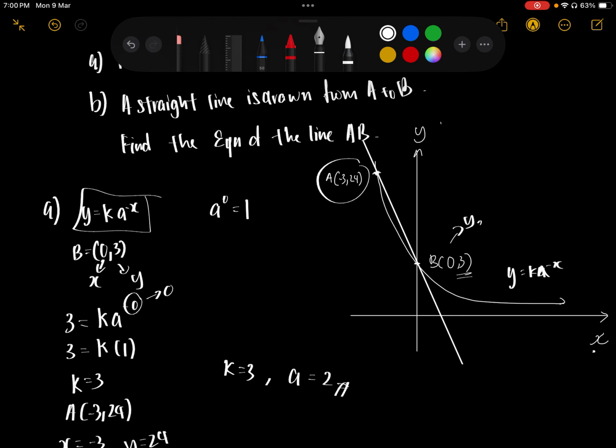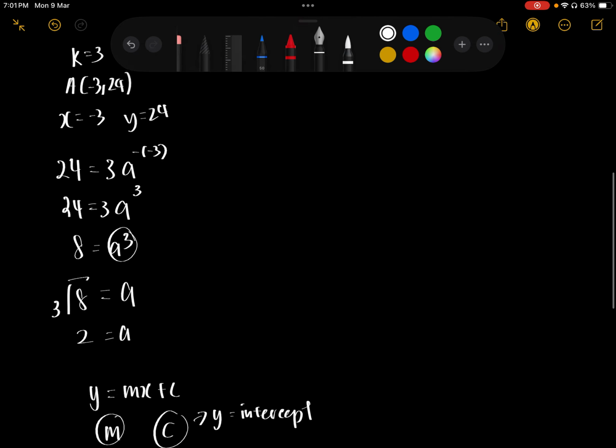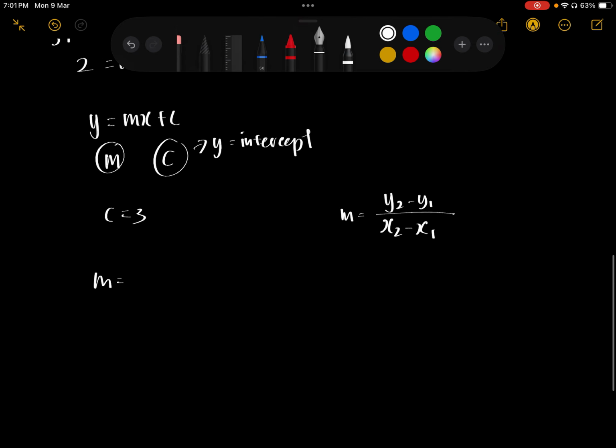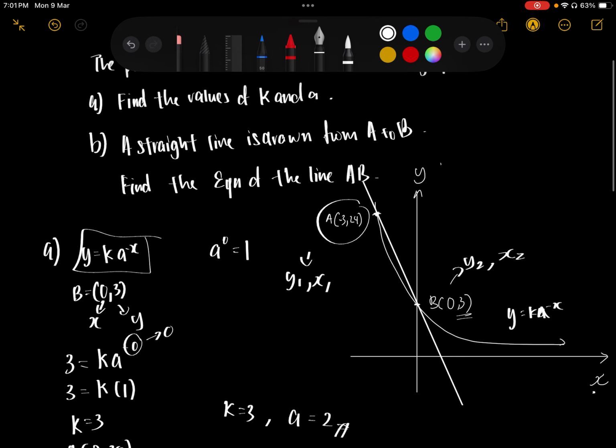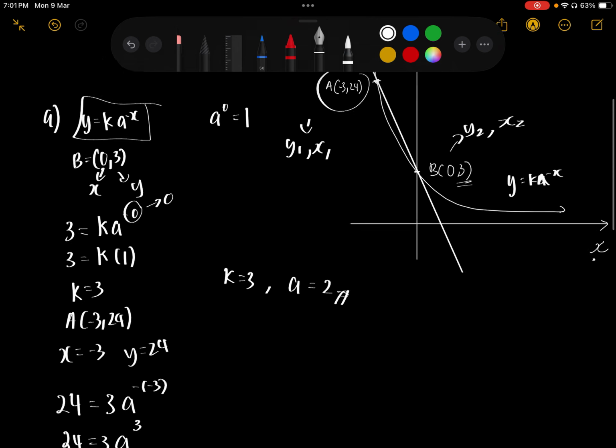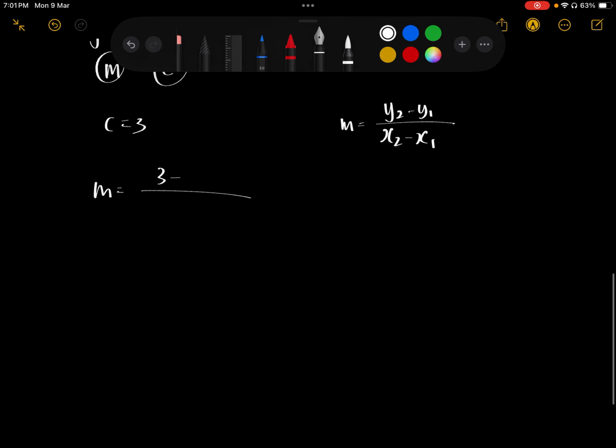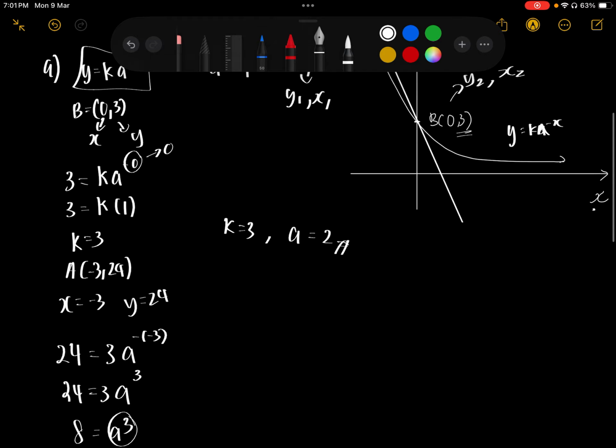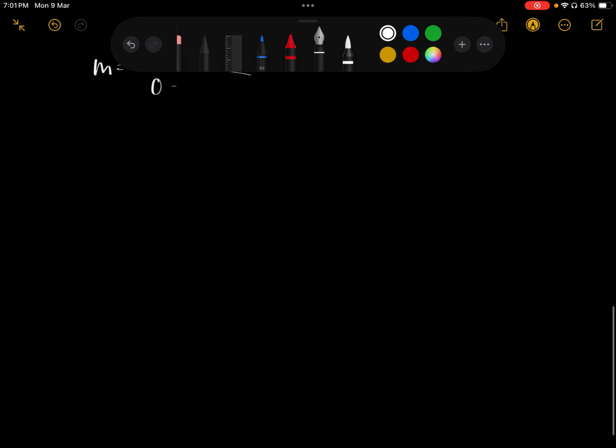So this will be y2 and x2, and this will be y1, x1. So our m will equal y2, which is 3 minus 24, over x, which is 0 minus negative 3.